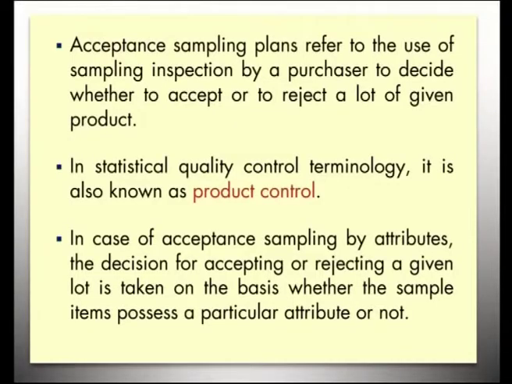In case of acceptance sampling by attributes, the decision for accepting or rejecting a given lot is taken on the basis of whether the sample items possess a particular attribute or not. It is like the presence of the attribute or the absence of the attribute.